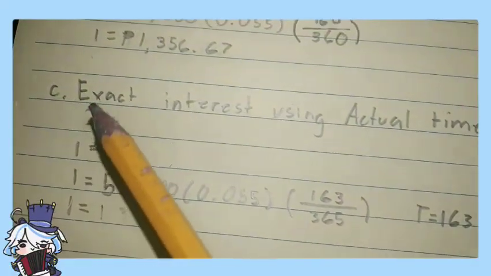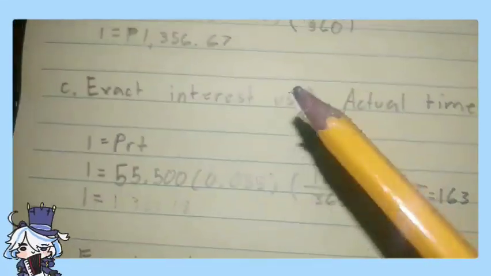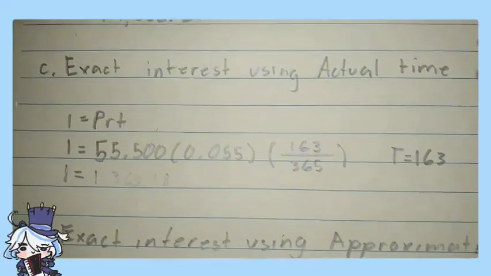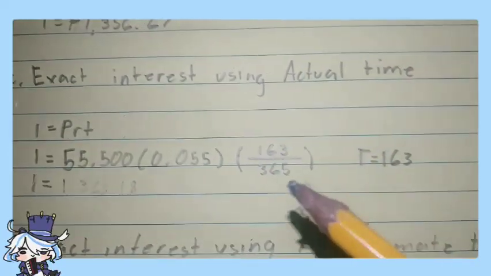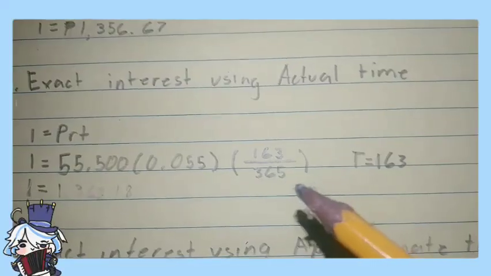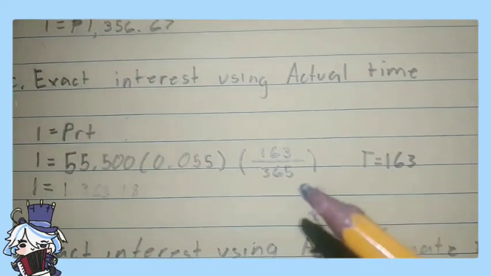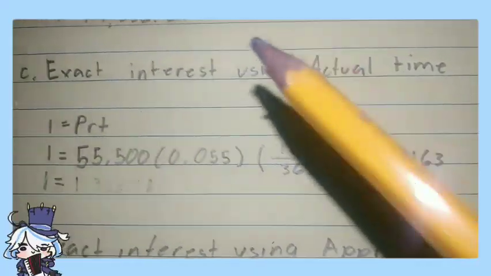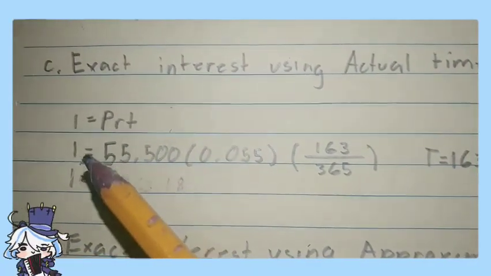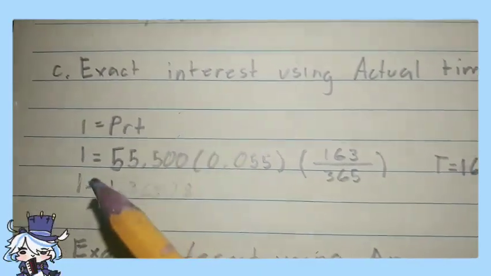Now this time in letter C, exact interest using actual time. We are going to use exact interest, so it will be 365 instead of 360. Our time will be 163 and our formula is still the same. I is equals to PRT.